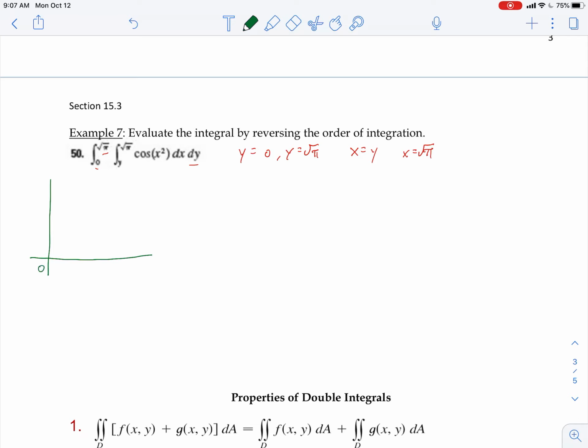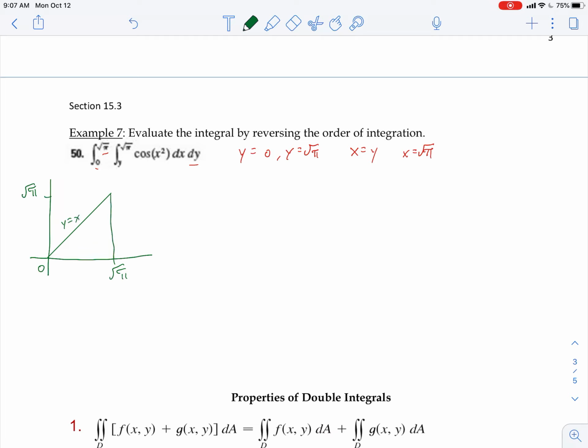And it looks like we're going from 0 to the square root of pi. I'm sorry, it's the square root of pi. And then we have our function x equals y, and it's also going to go to the square root of pi. So we have y equals x.